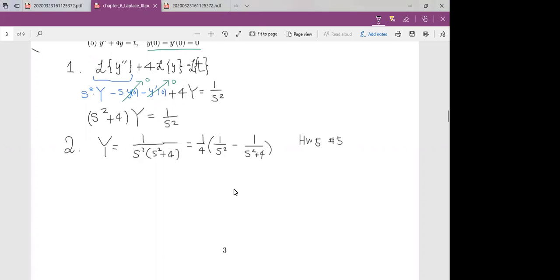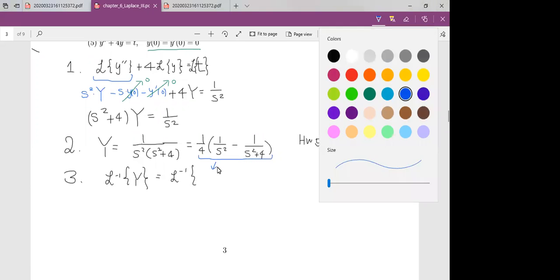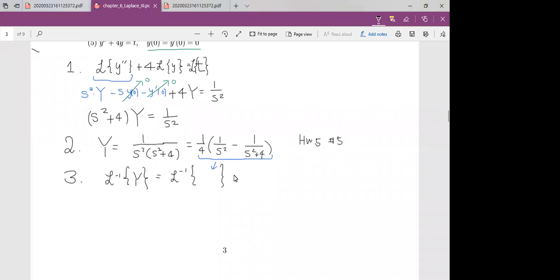Now that we found the decomposition, we are ready to take the inverse transform. The inverse transform of capital Y is the inverse transform of this whole right-hand side. By the linear property of the transform, you can take the inverse transform of each term.